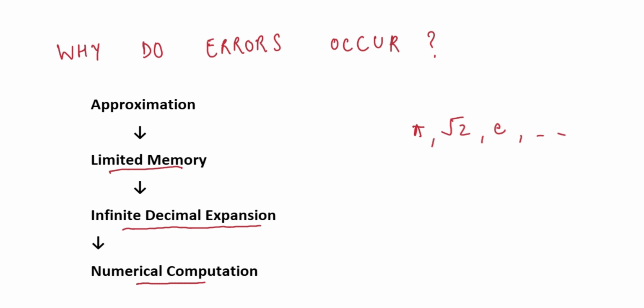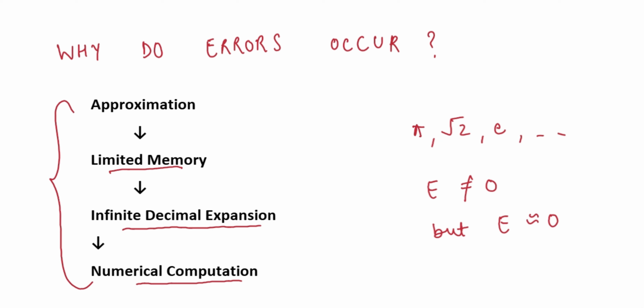Thirdly, numerical methods are themselves approximation techniques. So instead of finding the exact answer directly, they gradually approach the solution. Therefore, errors are unavoidable in numerical analysis. So remember the statement: we can't completely eliminate errors. Our goal is just to minimize them.